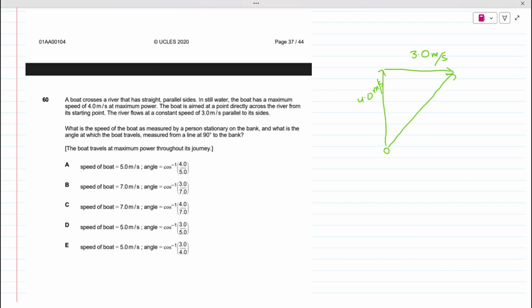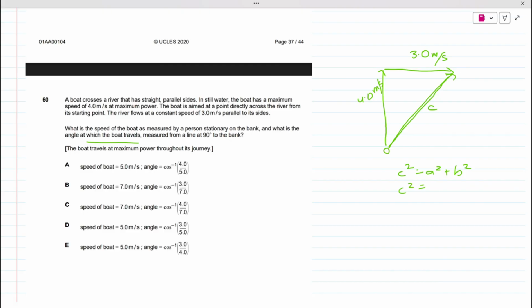So yes, now we are supposed to find the angle, and we are supposed to find the final speed, which is of course this, right? So here we have to apply the vector law of addition, since we are supposed to find c, which is the hypotenuse. So c square is equal to a square plus b square, right?